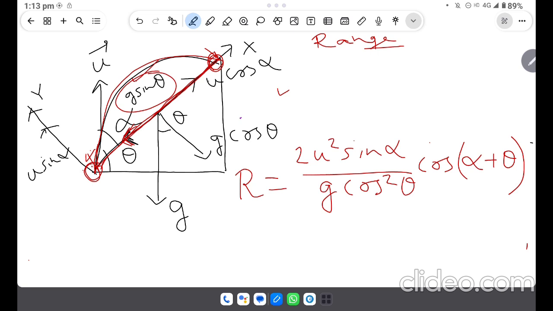So this is it. In this way we can explain the entire projectile motion on the inclined plane.